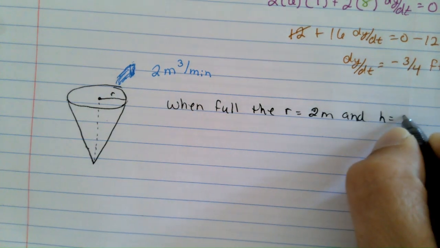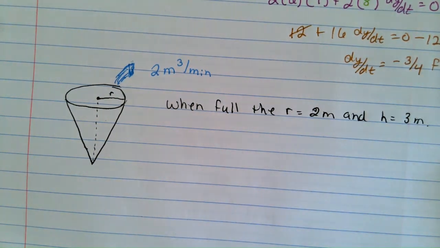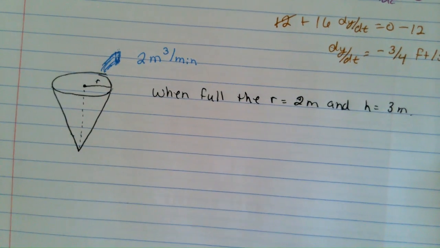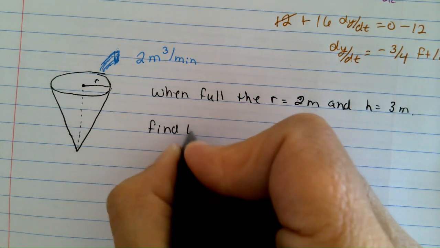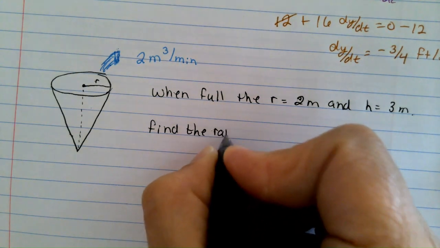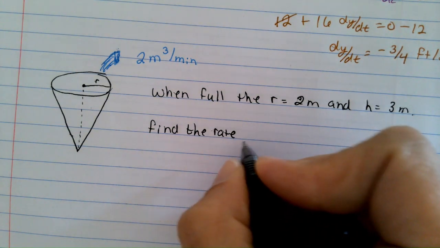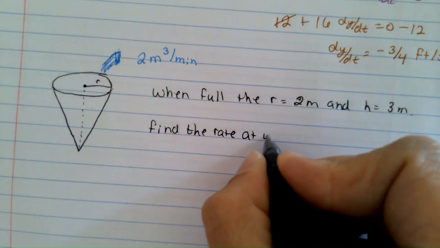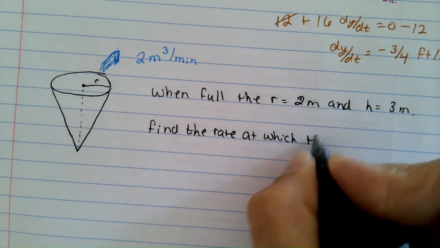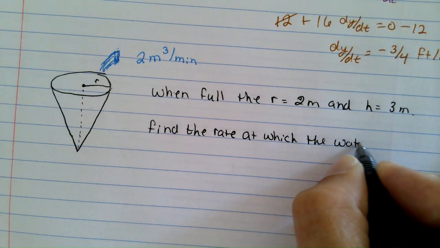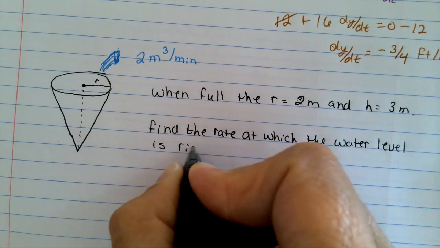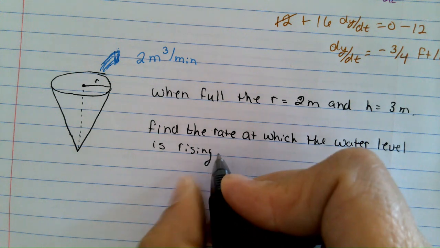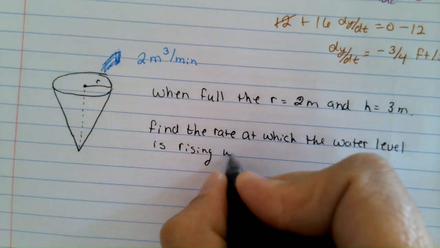And the height would equal 3 meters. Find the rate at which the water level is rising when the water is 2 meters deep.